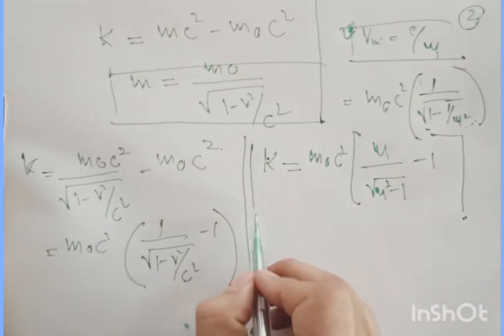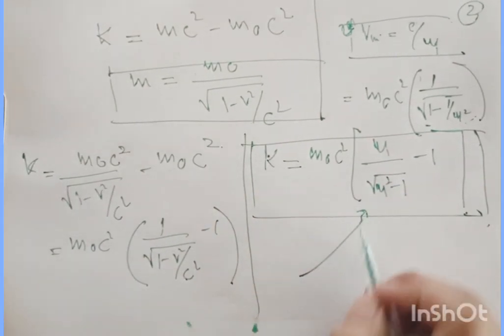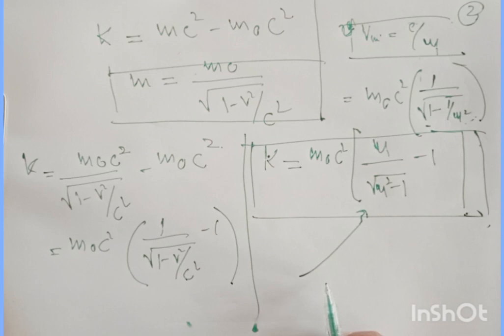This equation is going to give us the threshold kinetic energy of the electrons, of the beta particles, that are used in order to produce the Cherenkov radiations, and then detect these radiations using a Cherenkov counter.